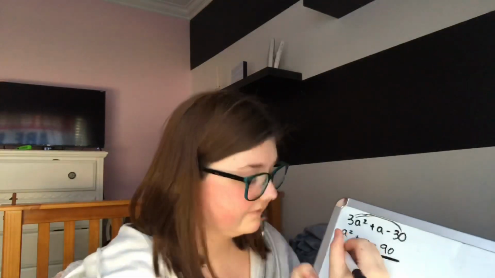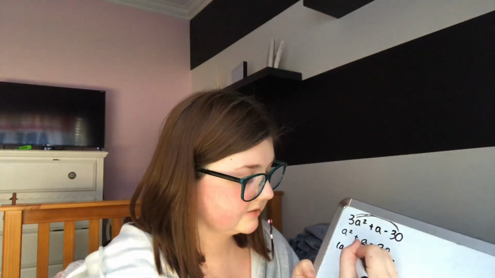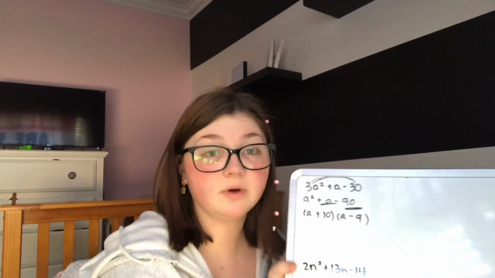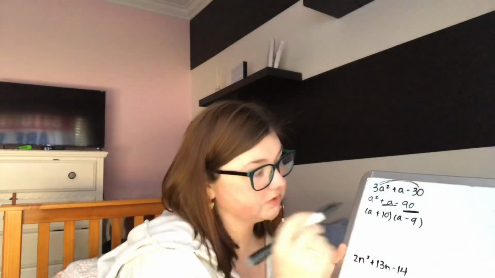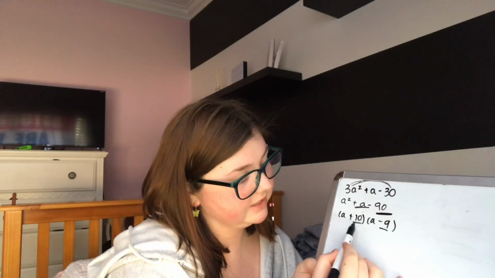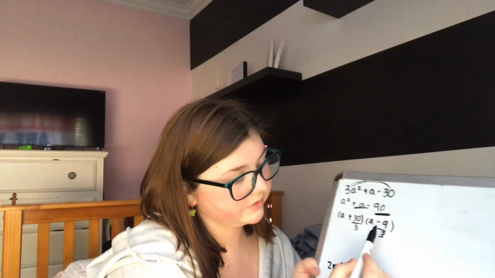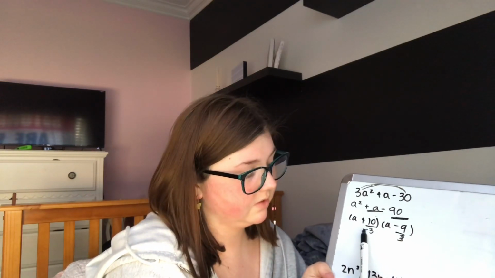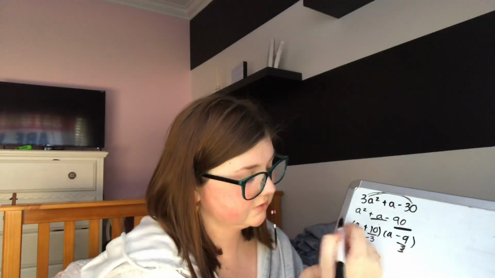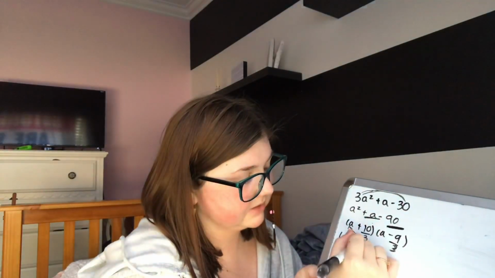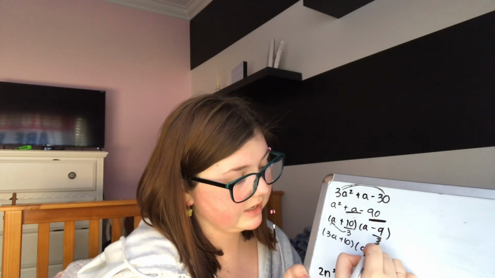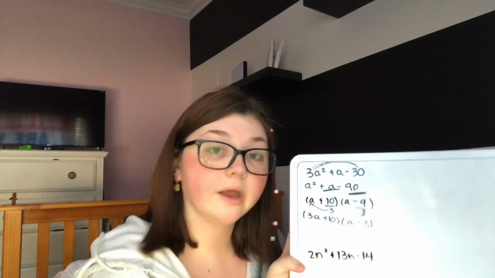What you're going to have is a plus 10 and a minus 9, because that'll still give you 1, but multiply to give you negative 90. And then the last step you're supposed to do is divide each of these by 3. And 10 and 3 do not go in evenly, so you take the 3 and you move it up there, so you get 3a plus 10. And these do go in individually, so it's a minus 3. And boom, you have it.